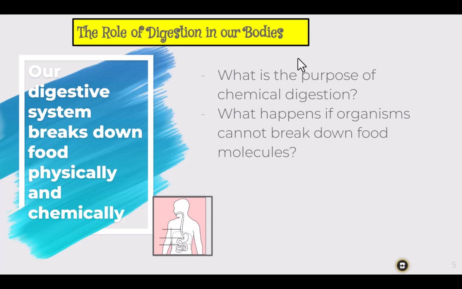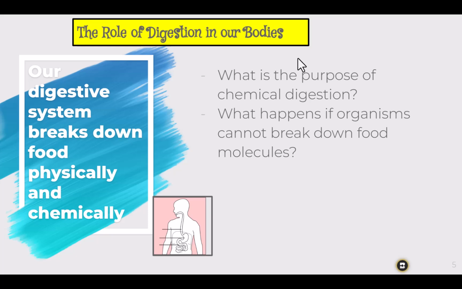Food molecules that are made of many, many subunits need to be broken down into usable subunits, subunits of food that can be diffused into our body's cells. We can't just eat a hamburger or a peanut butter and jelly or a plate of spaghetti and have energy miraculously form.